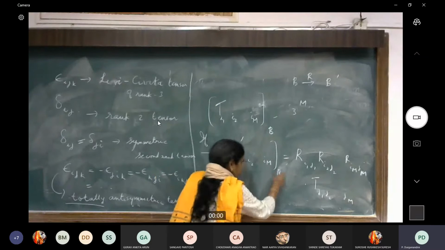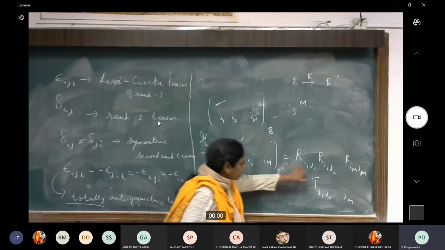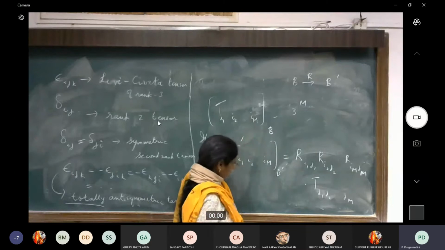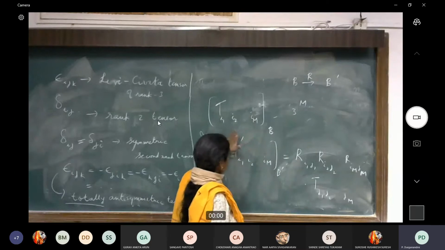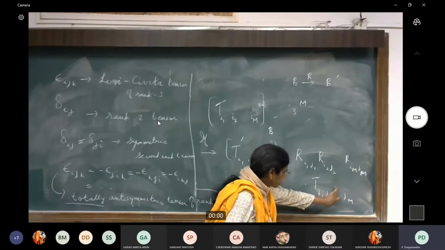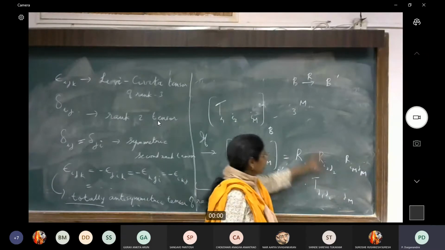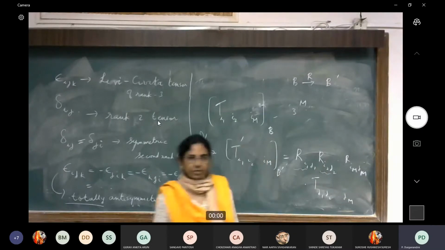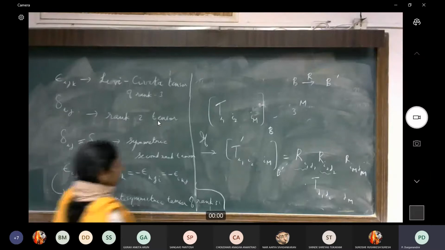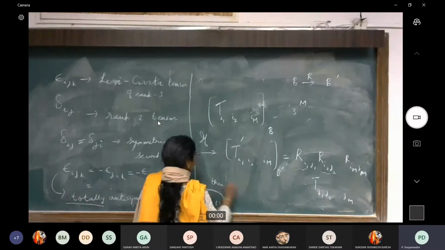If you can relate the components of this object T with respect to the basis B prime to the elements with respect to the basis B in the following way, where these R's, R_{i1 j1}, R_{i2 j2}, and so on, are elements of the rotation matrix, then in that case, I will say that T is an mth rank tensor.